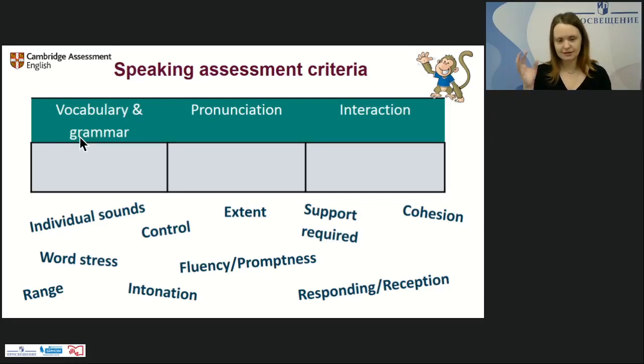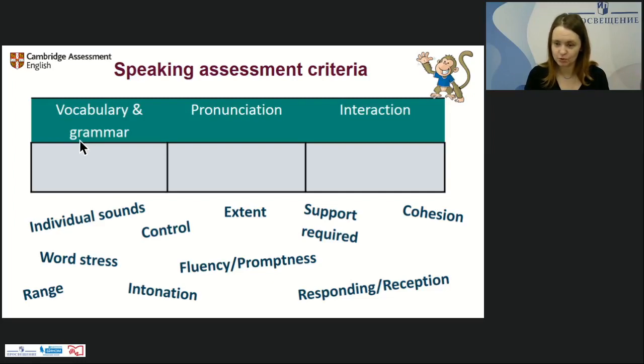For interaction. Okay. It's nice that you start from different points, so from the middle, from the end, and nothing for vocabulary and grammar still. Interaction, respond, reception. Okay. Interaction, support, control. So some of you have 3 criteria, some of you 2. Okay. Still nothing for vocabulary and grammar? Okay.